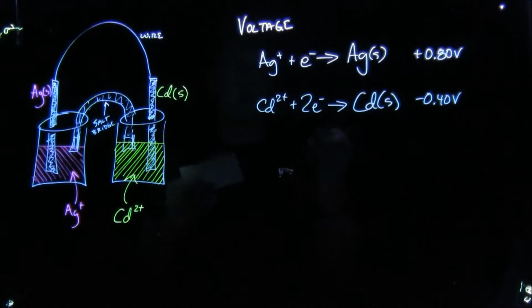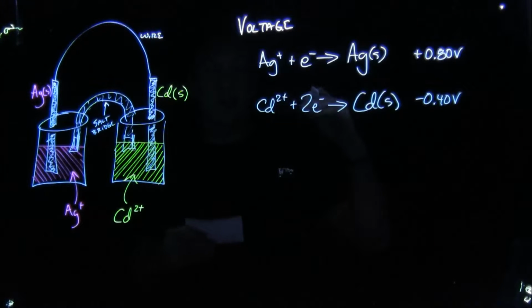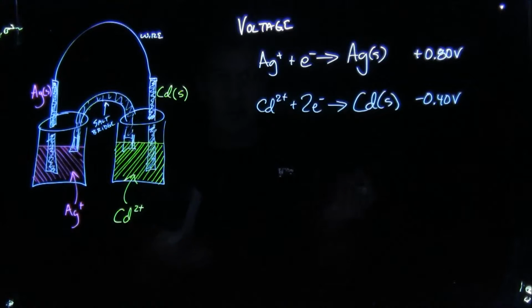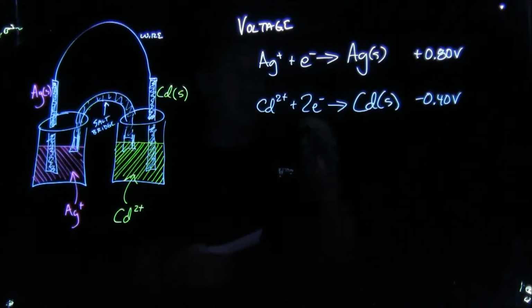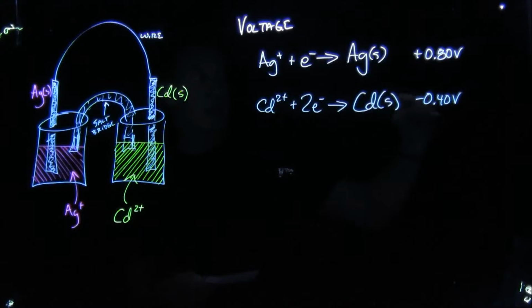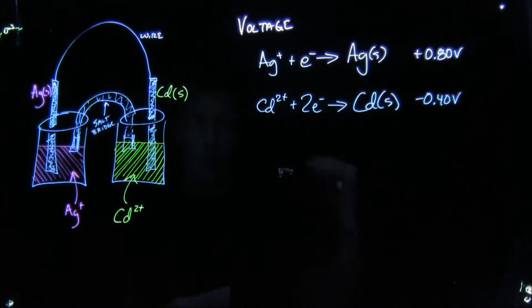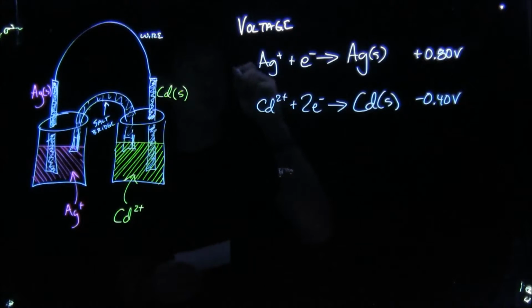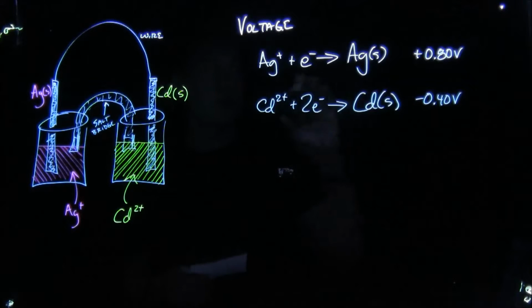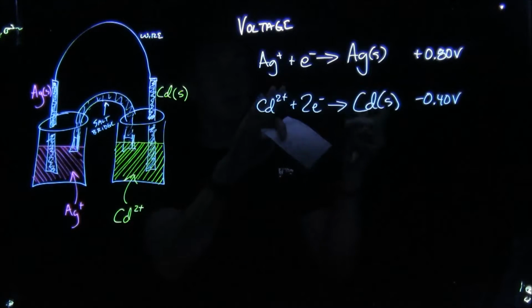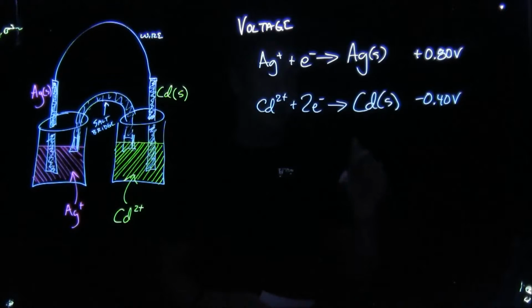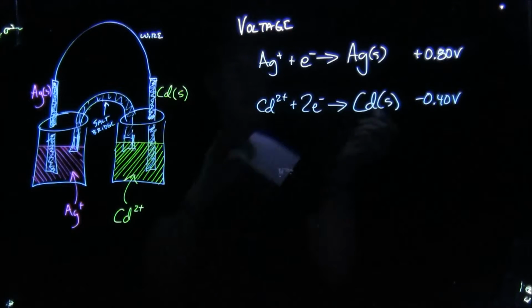That isn't going to work. You can't have both reduction reactions because nobody's going to be giving away the electrons. And so since the cadmium reaction is a lower voltage, a worse reduction, silver is going to stay this way. Silver is going to be the reduction reaction. Cadmium, we are going to flip that reaction, so we are going to make it the reverse reaction.